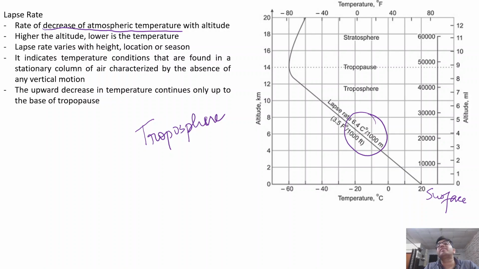But this is the average value. To calculate this value, we say that this is the normal lapse rate. To get to this value, we assume that the motions in the air column are very, very less, and the energy transfer is not much. But this is an idealistic condition which rarely happens in the atmosphere.